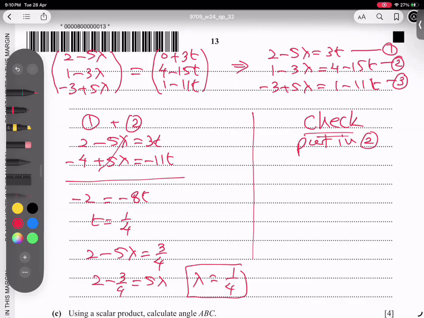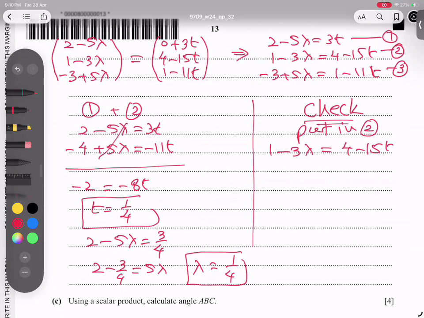So t value and lambda value got it, and I'm going to plug in 2. So 1 minus 3 lambda is equal to 4 minus 15t. I'm going to plug in both sides. If they match, whatever the number, if they match, it means they intersect. So let's try to plug in. This value goes there. So 1 minus 3 into 1 over 4 and 15 times 1 over 4.